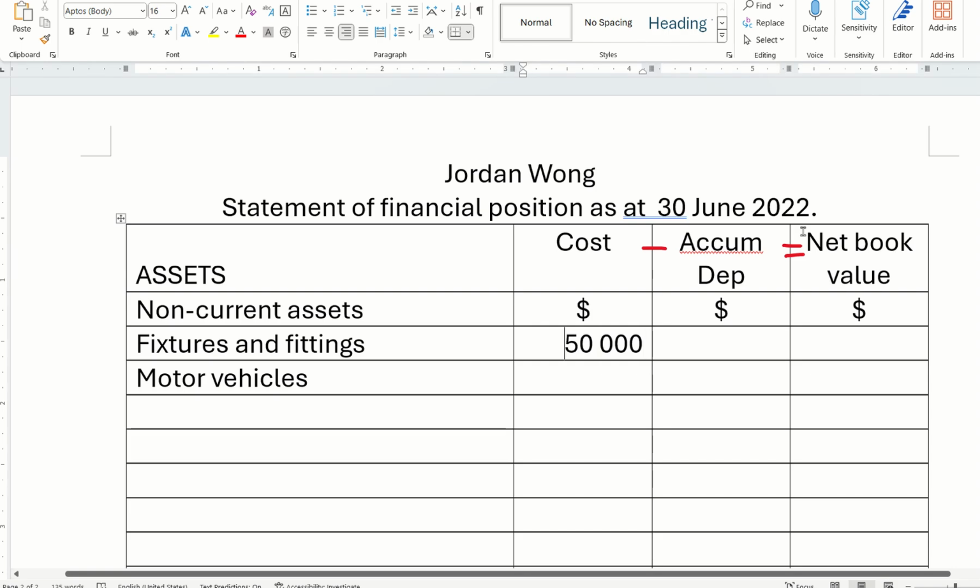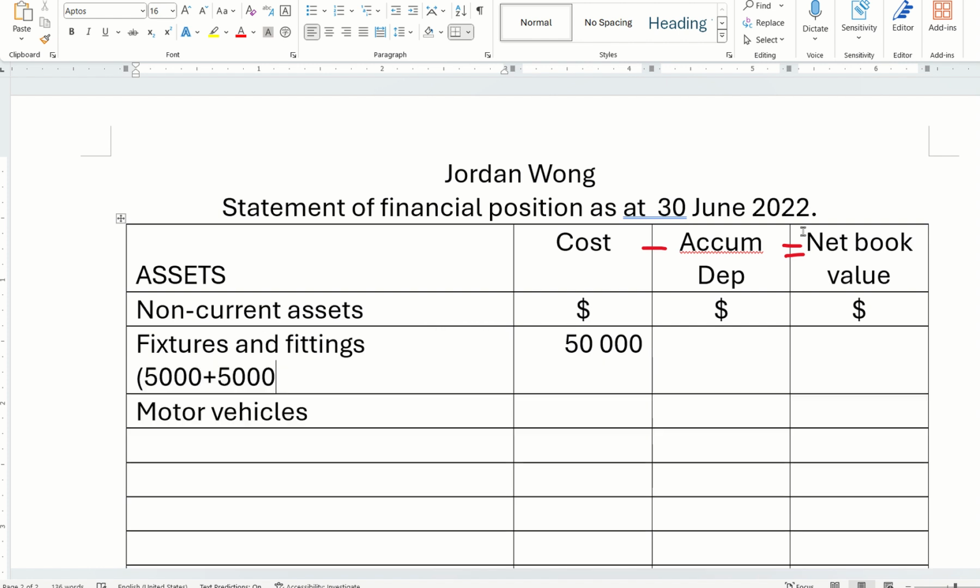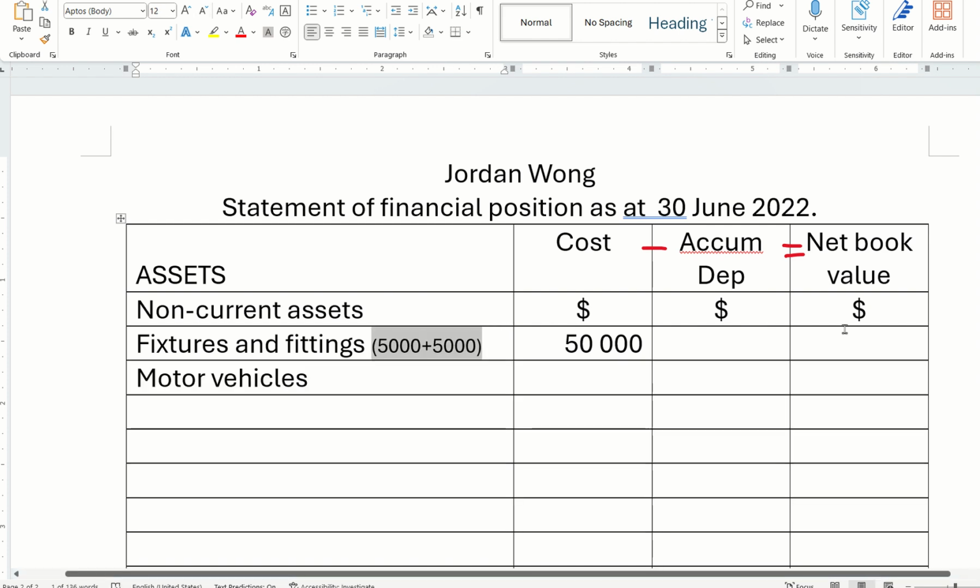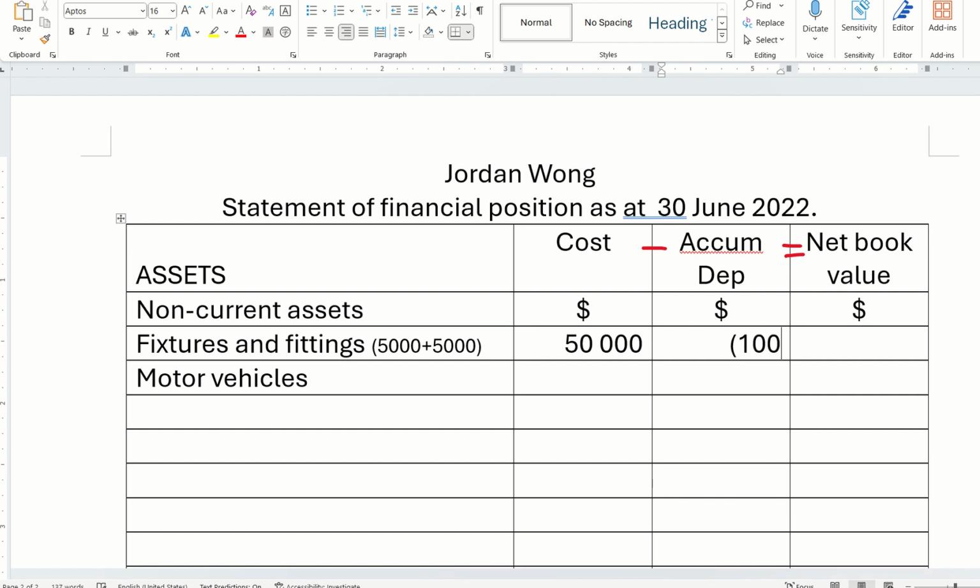I need to show that in my working. 5,000 plus 5,000, which will give me a negative of 10,000 because accumulated depreciation is a minus. So I put it in brackets to remind myself to minus it. How to calculate the net book value? 50,000 minus 10,000 is 40,000.